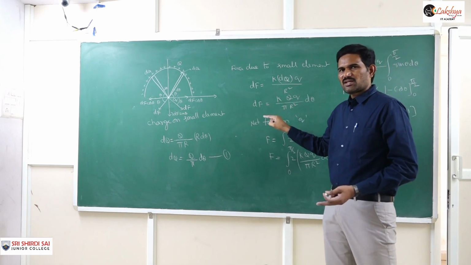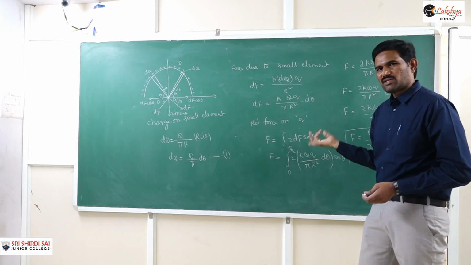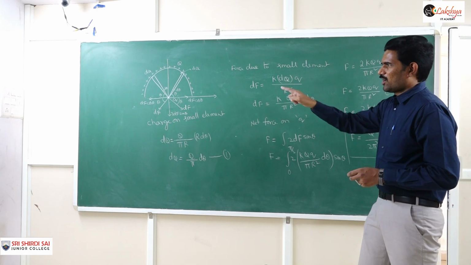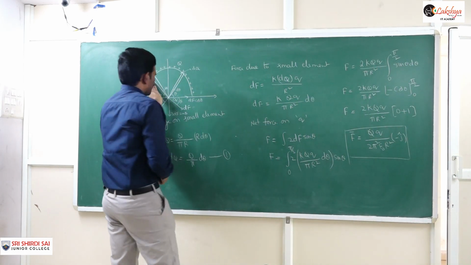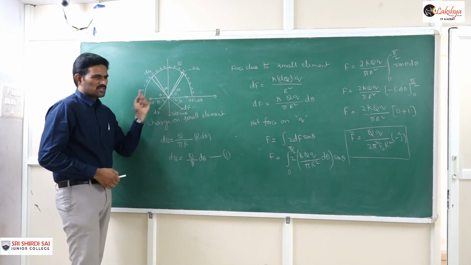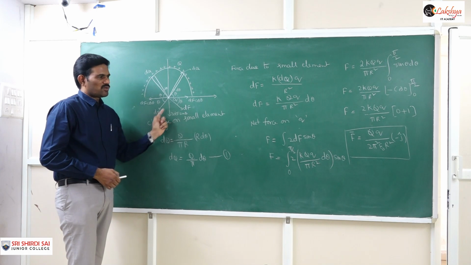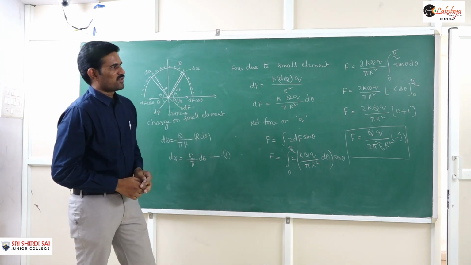If they are in different directions, you can resolve them into components and integrate the x component and y component separately. Or if the object is symmetrical like this, you can consider an identical element here, so that one component will be cancelled, then the net force direction will be only in one direction. So only this component you can integrate here to find the net force. So it is a procedure to find the force.